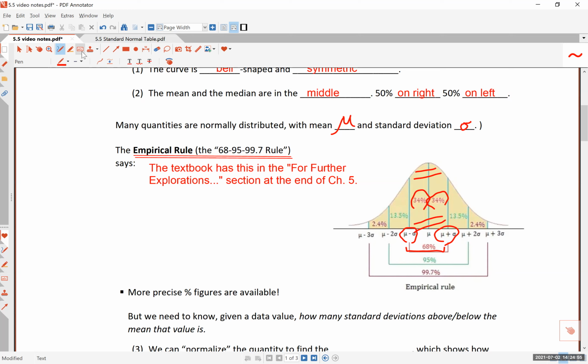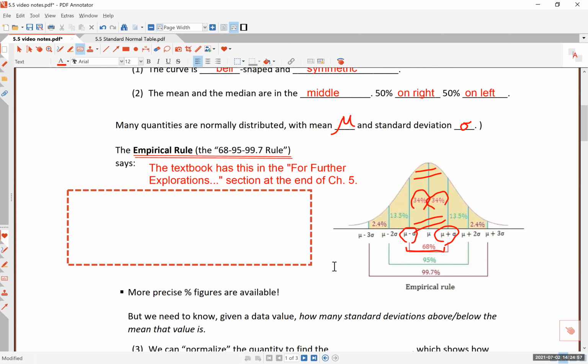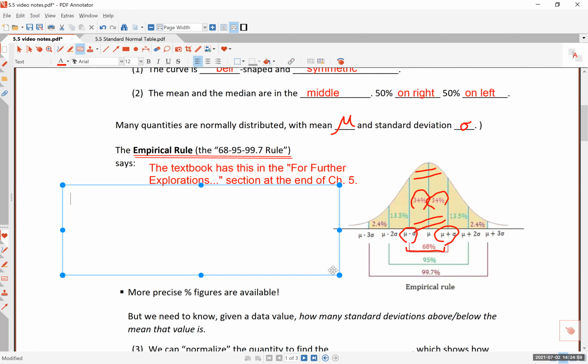Does that make sense? I hope it does. So the first thing is 68% of all the data values are within 1 standard deviation of the mean. That means between mu minus sigma and mu plus sigma, you have 68% of the population or 68% of the data values.